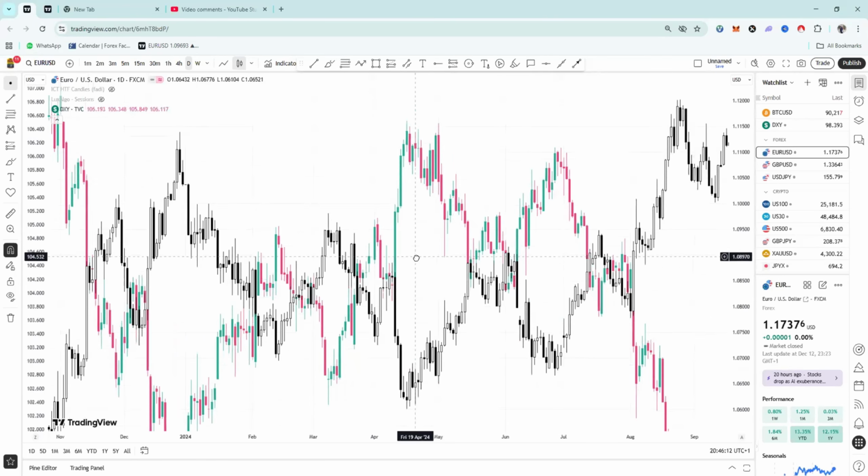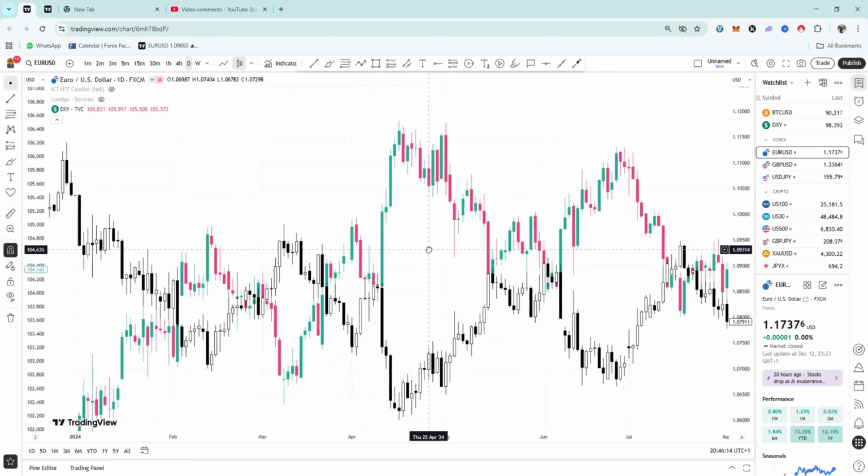Now, let's look at this particular price action here. DXY was pushing higher, and Euro USD was pushing down. After they created this low, and this same high, you notice that Euro USD went higher and came down a little bit, and DXY also came down when Euro was going up.